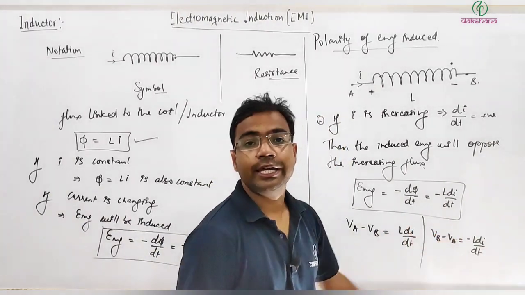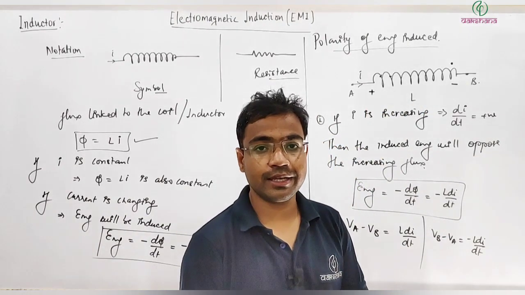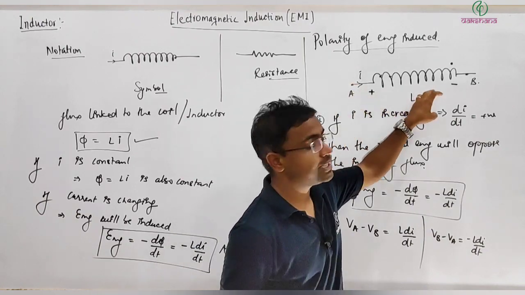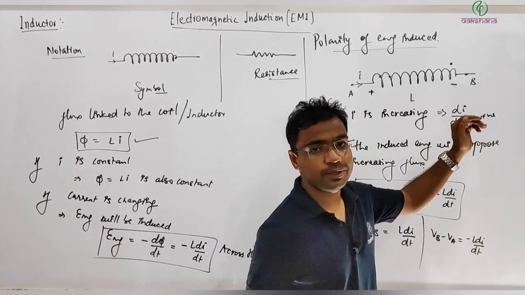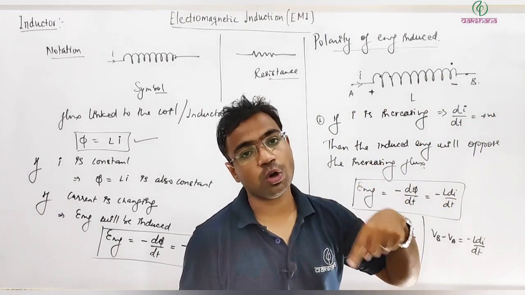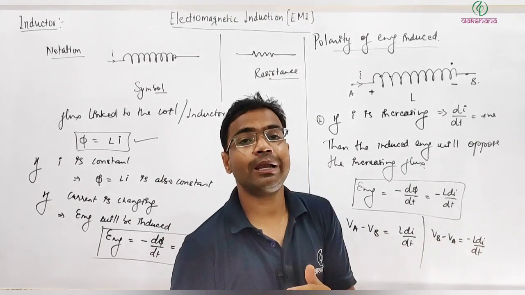Plus minus, induced EMF, positive negative sign. I tried to explain, because this current is increasing, magnetic flux is this way, and it will try to increase, but the coil wants it to remain constant, meaning it wants to oppose that increase. How will it oppose that?